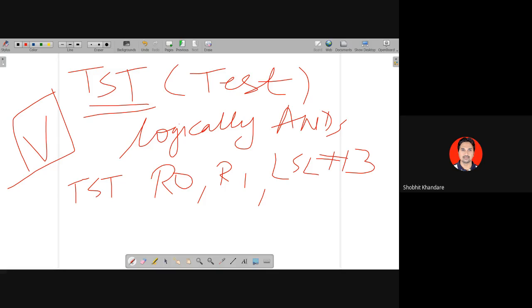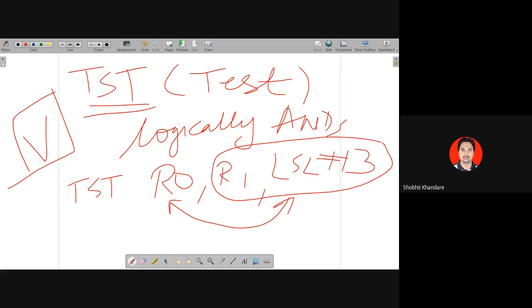You can tell me. Logical shift left by 3 bits किस पे? R1 पे. ये होने के बाद logically AND operation between this and this.